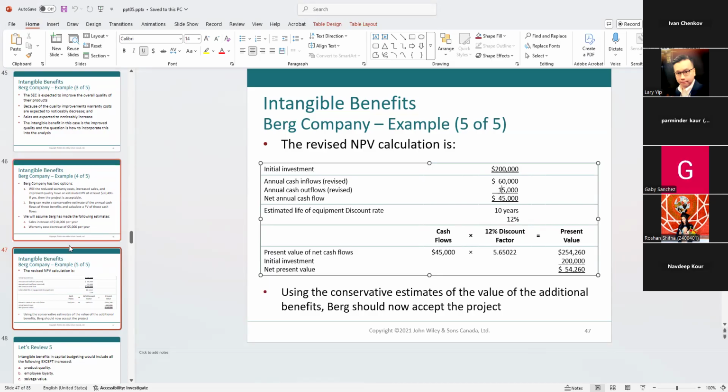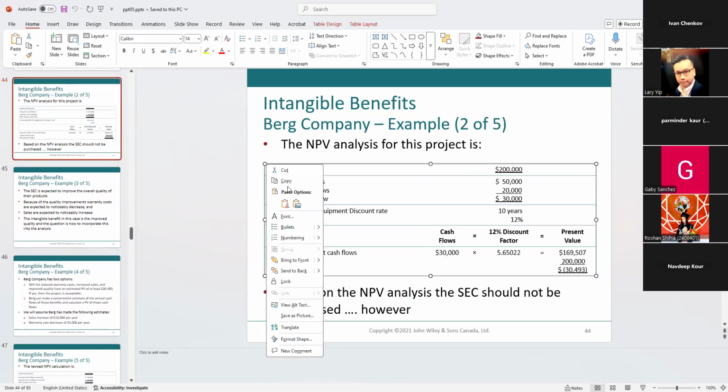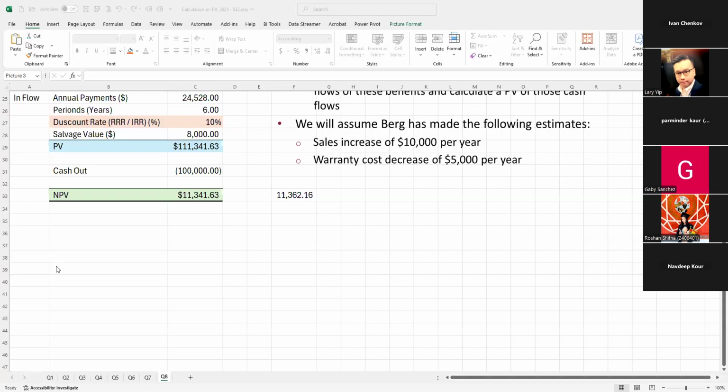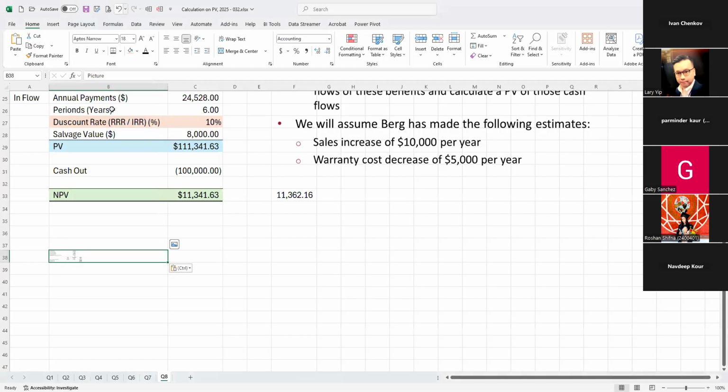Can you guys see the numbers? Yes, sir. So what's happening here is, let me copy this one. Let's put it in the Excel spreadsheet side by side so you can actually see it. I see what they're doing now, and now I understand. They're doing it in a very awkward way, but this one it is, right?